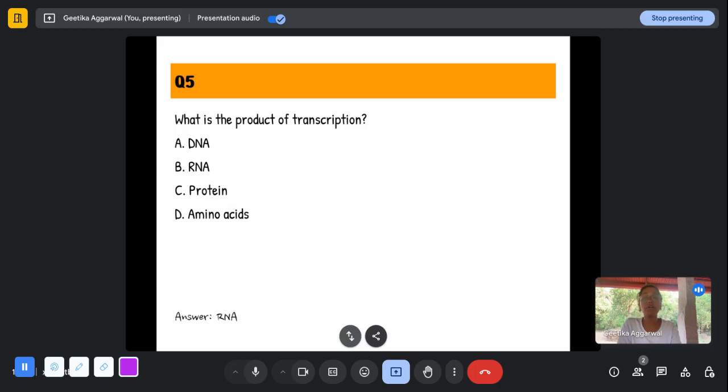Transcription is when the enzyme RNA polymerase reads the DNA template strand and forms the complementary RNA strand. So that is the product of transcription, mRNA to be more precise.